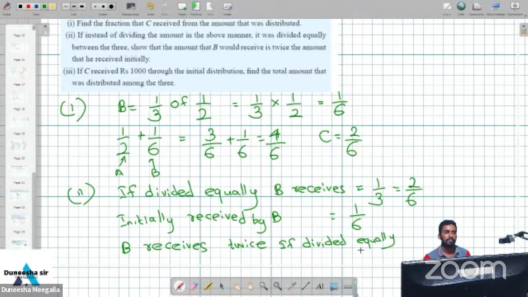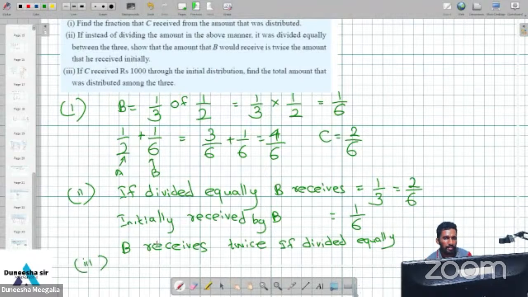Okay. If C received 1000 through the initial distribution, you have to find the total amount that was distributed among 3.